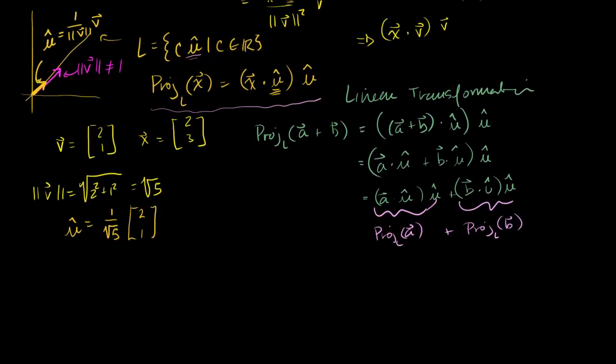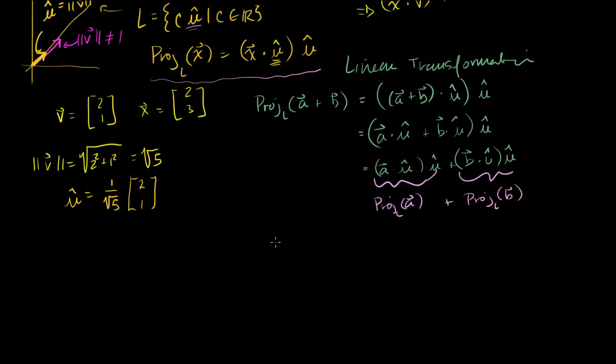Now our second condition is that the projection of a scalar multiple should be equal to a scalar multiple of the projection. Let me write that down. So what is the projection onto L of some scalar multiple of some vector A? Well, that is equal to CA dot our unit vector u times the unit vector u. And then this one's a little bit more straightforward because this is the scalar multiple.